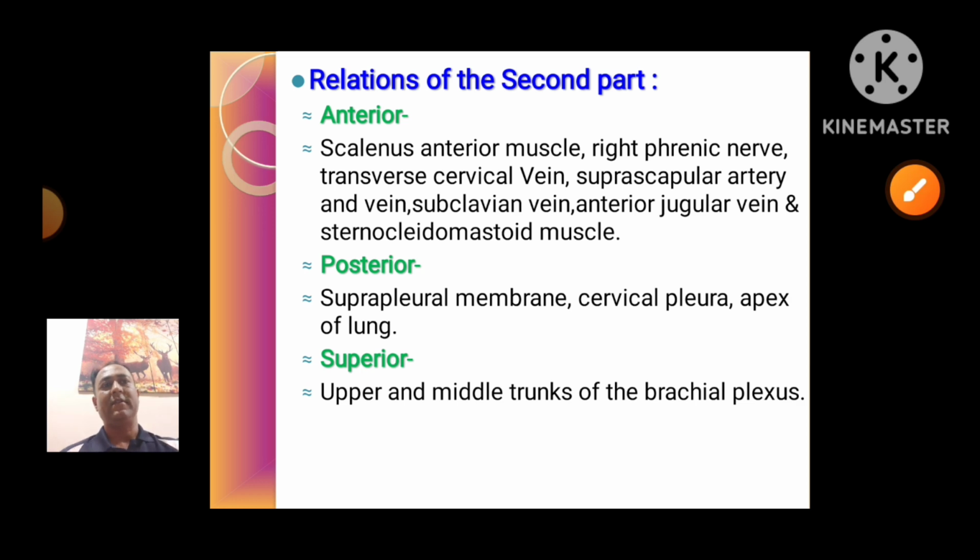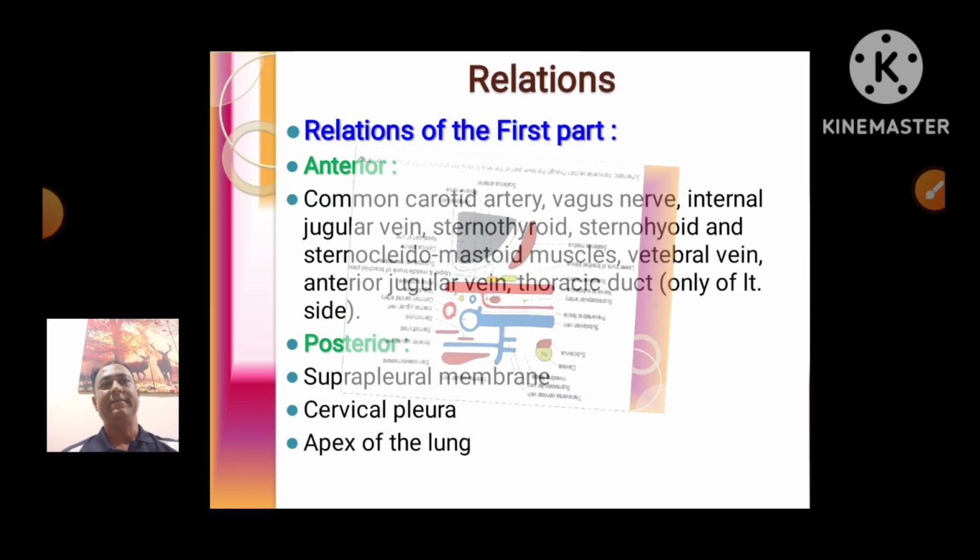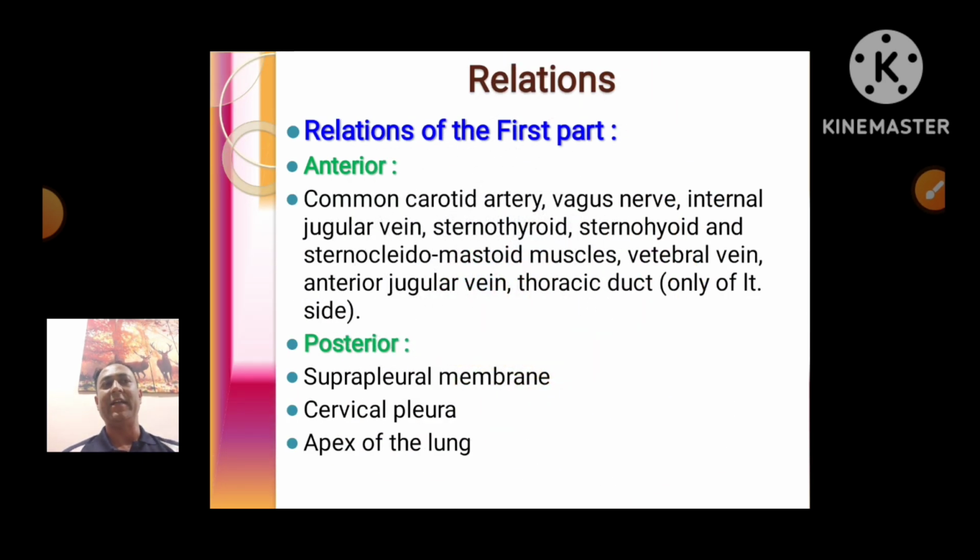So here you can see anteriorly common carotid artery, vagus nerve, and internal jugular vein. You can remember all these three together. Then second set, sternothyroid, sternohyoid, sternocleidomastoid. 6 contents. In addition, vertebral vein, anterior jugular vein, and thoracic duct. And posteriorly 3 structures: suprapleural membrane, cervical pleura, and apex of the lung.